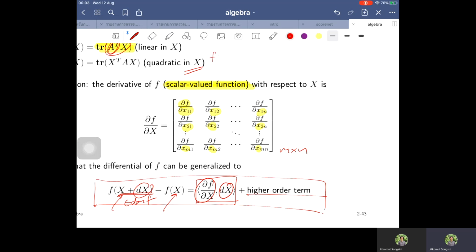I hope it is clear to you that f of x plus delta x, if things are scalar, is going to be f of x plus what? F prime times delta x. And what else? If you go to the second order, it's going to be f double prime of x times delta x squared, and so on.